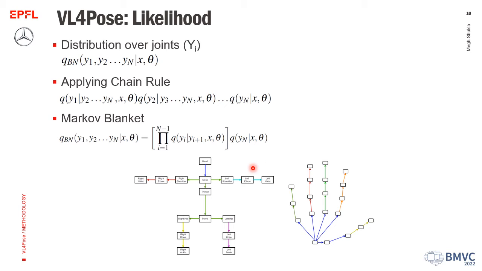In this case, we let our Bayesian network be a skeletal model with simple parent-child dependencies. For any joint, at most one joint is its parent, whereas one parent can have multiple children. Using the Markov blanket principle, we can distill this joint distribution into a product-wise decomposition between simple parent-child joints.